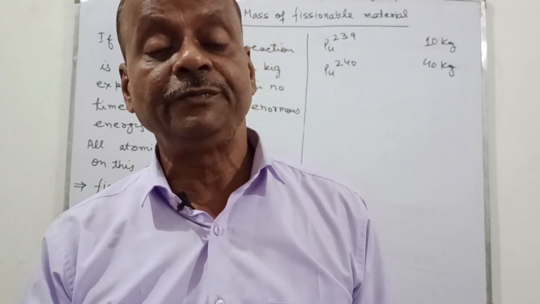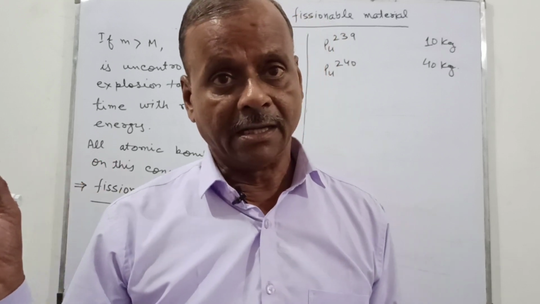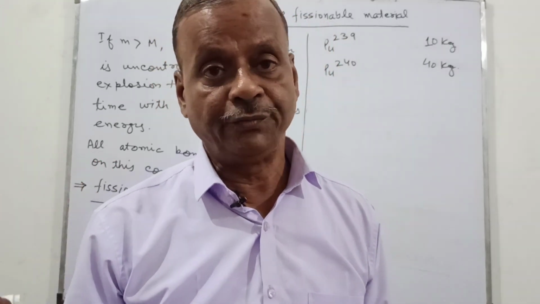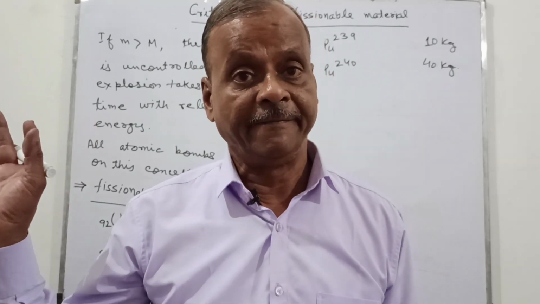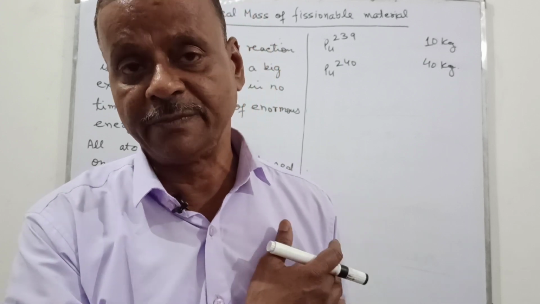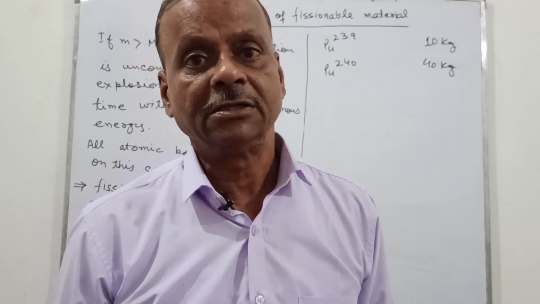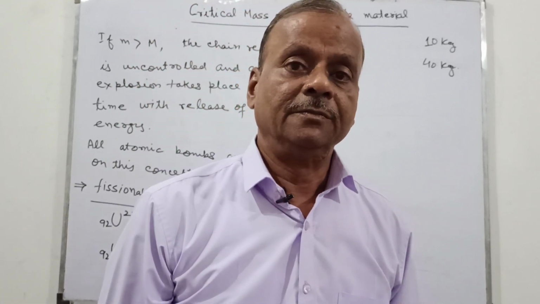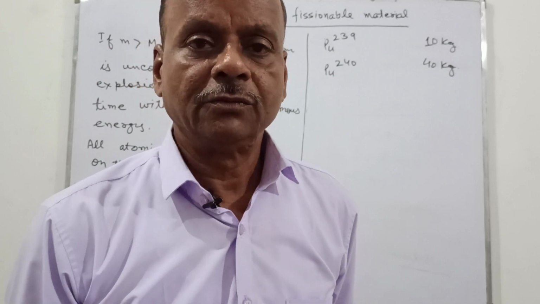In that case we have to tell the answer, because this cannot be calculated at the time of examination. This has been found by many scientists, that this mass is the minimum mass that is required for the sustained chain reaction. So thank you very much.